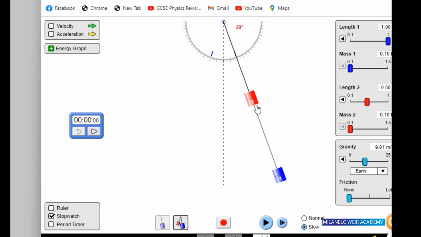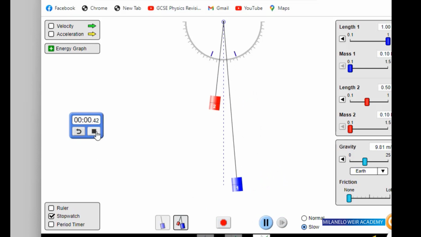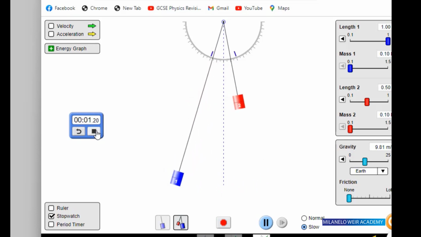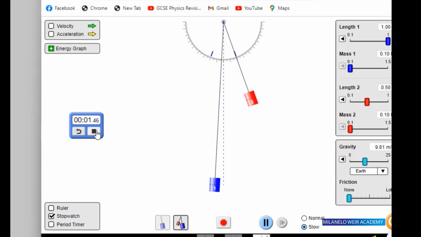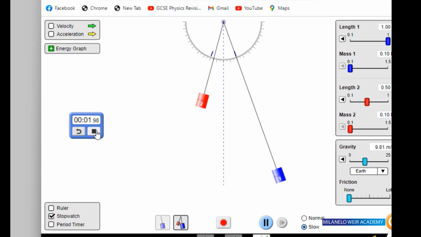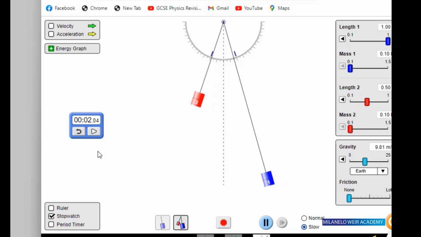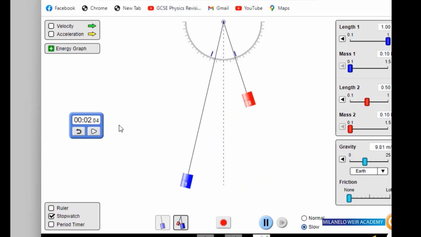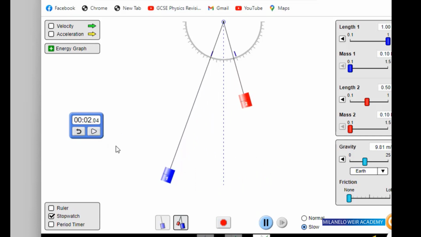We have to be careful, guys. Yes, let me press it. Start. We are waiting for blue. We don't mind red. Red will always finish first because it has a shorter length, shorter period. Blue arrived. See, it took 2.04 seconds. The shorter one took 1.42 seconds.